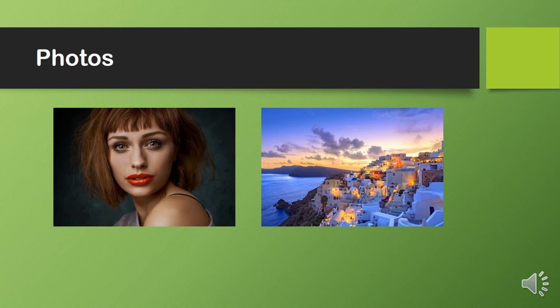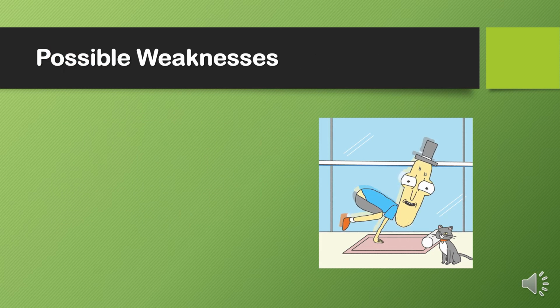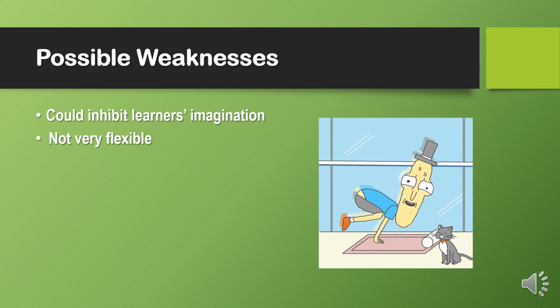These are useful for teachers and materials writers if they wish to give impressions of reality and authenticity in terms of people, objects, and events and their historical and social significance. Possible weaknesses of photos may be that they could inhibit learners' imagination and date very quickly, and they are not very flexible if teachers want to focus on, emphasize, or highlight particular features within a photo.